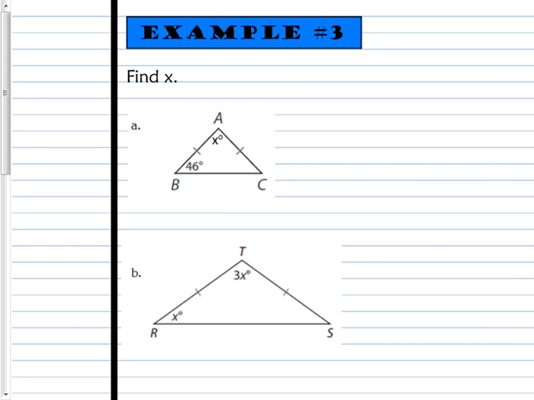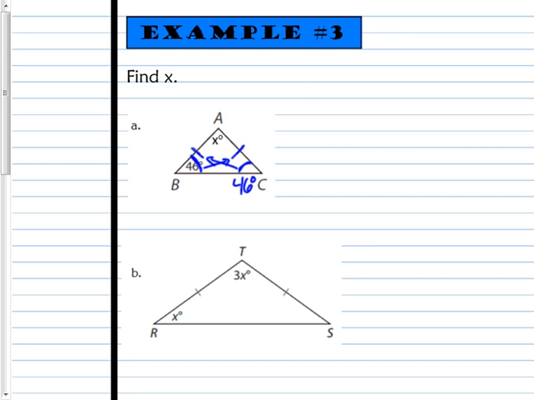Let's go ahead and do example 3. We're going to find x. Well, I know that this side is equal to that side, so that means this angle, which is across from this side, is equal to this angle, which is across from that side. So this one's also 46 degrees. So can I now find x?